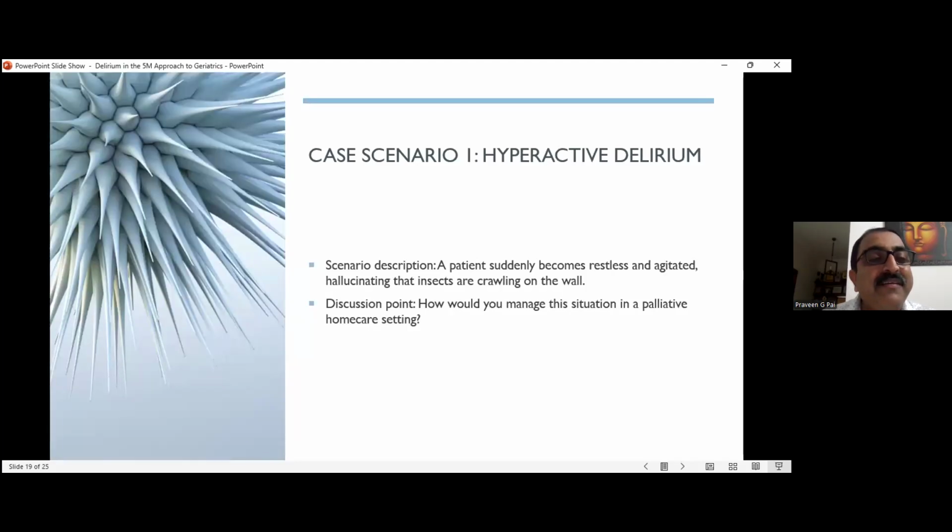I have just put this picture to show how prickly or how sharp the hyperactive type is going to be. I don't know whether the picture I have put is appropriate, but this came into my mind, how it actually feels, handling something prickly with a lot of spines.